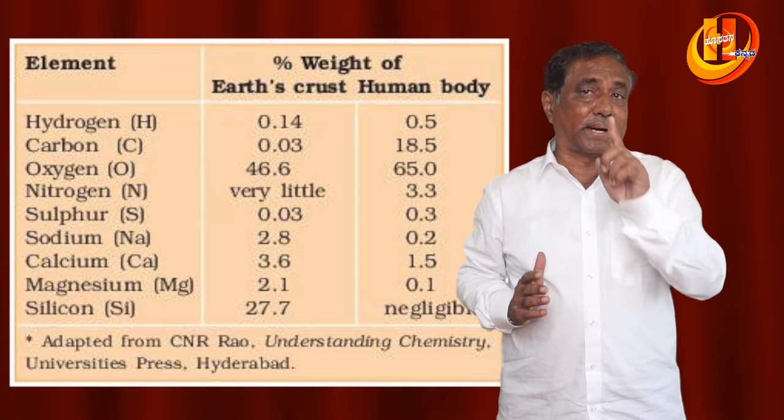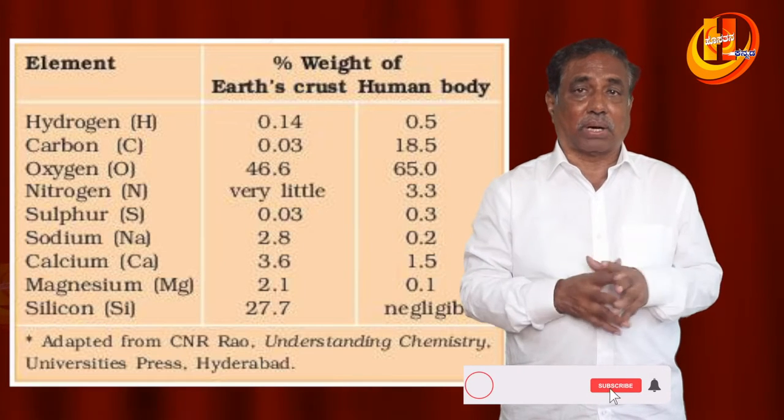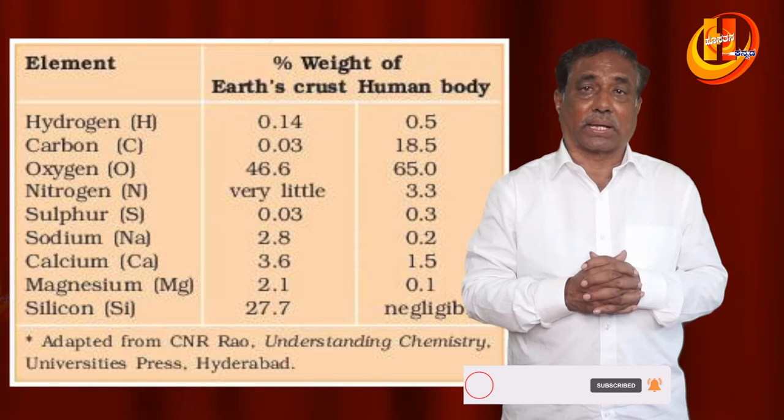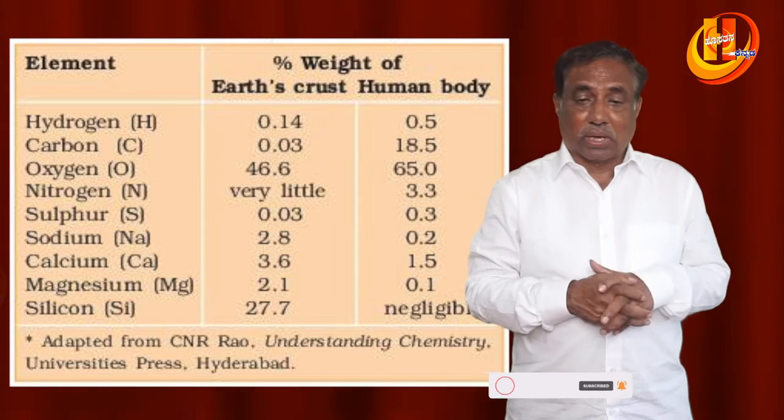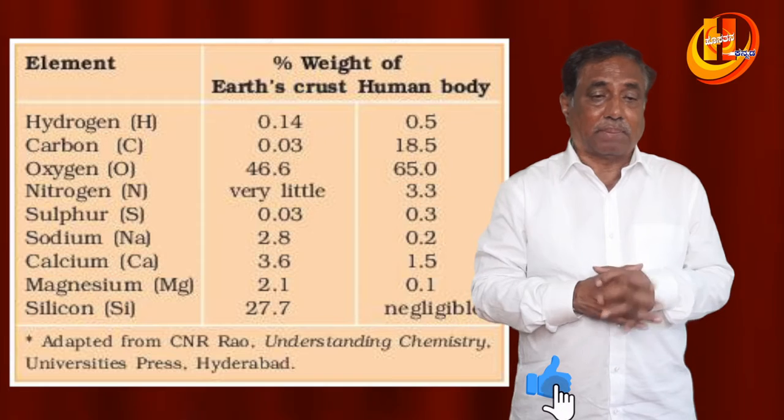The most abundant metal present in the human body is sodium, but not calcium. That is also very important.